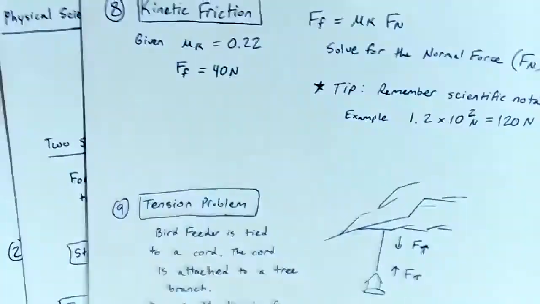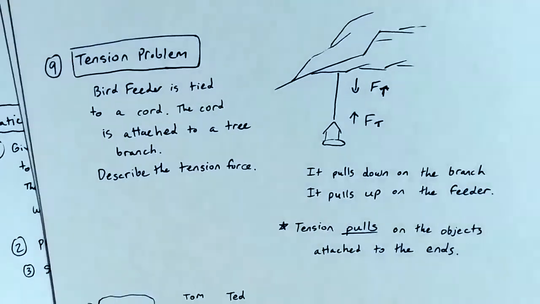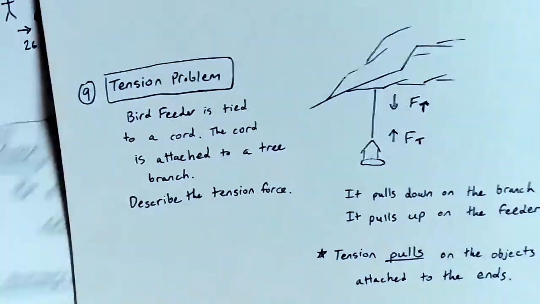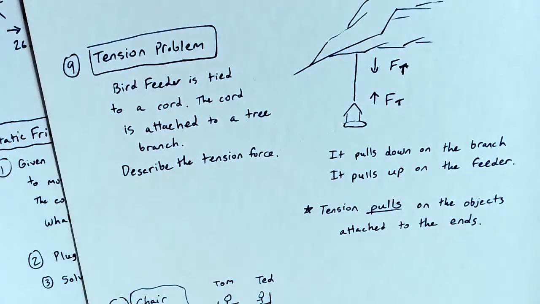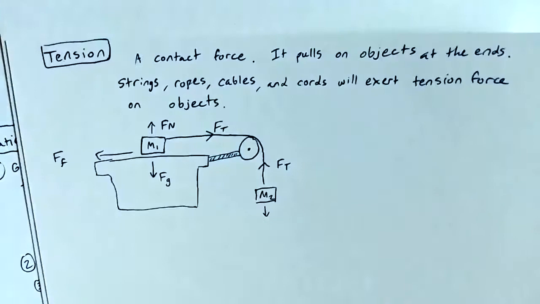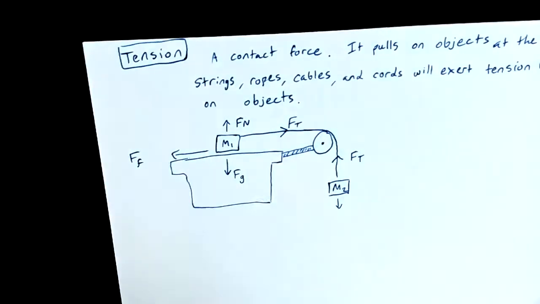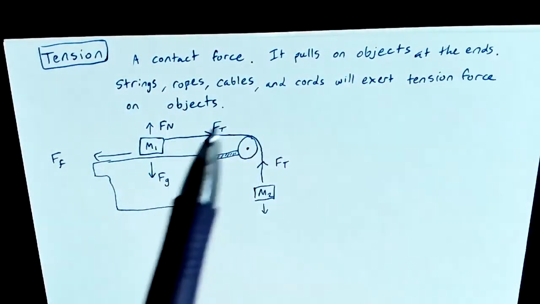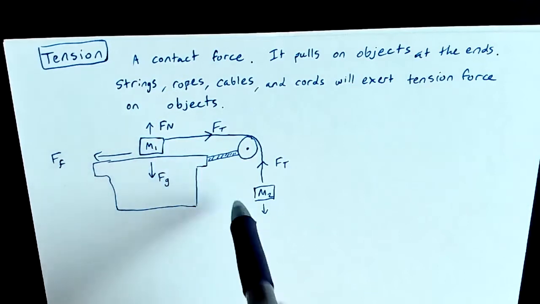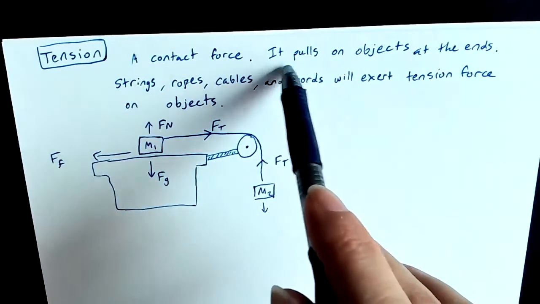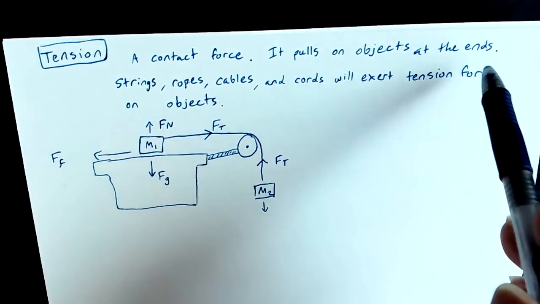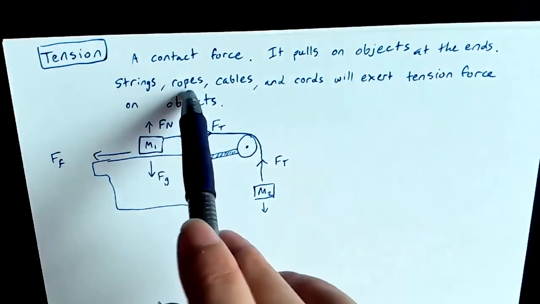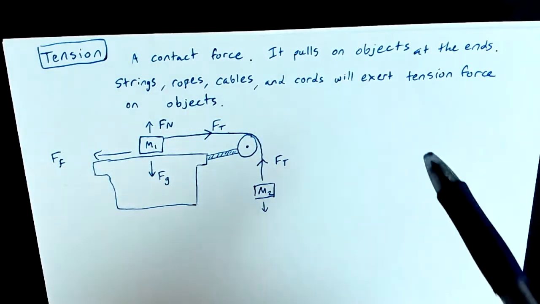And then one of the last problems, this is a little different than before here. So this concept is a little different, but it's essentially the same thing. But tension is another contact force. So it has to be in contact with an object, and it pulls on objects at the ends of the strings, ropes, cables, or cords.